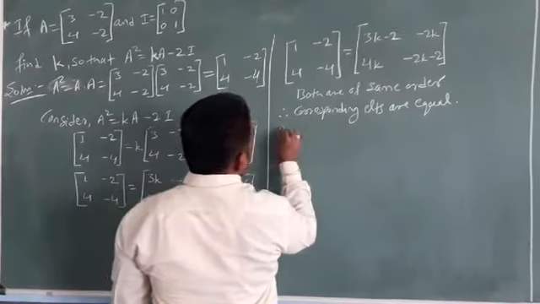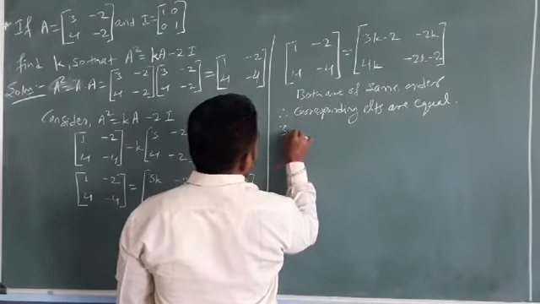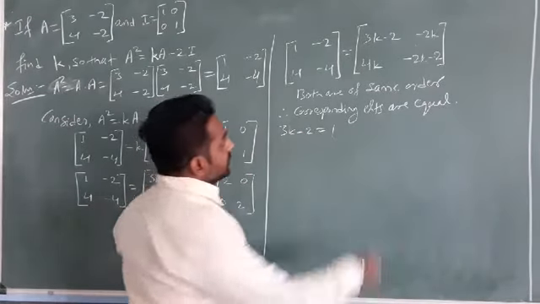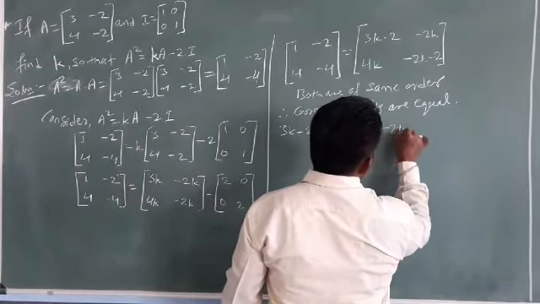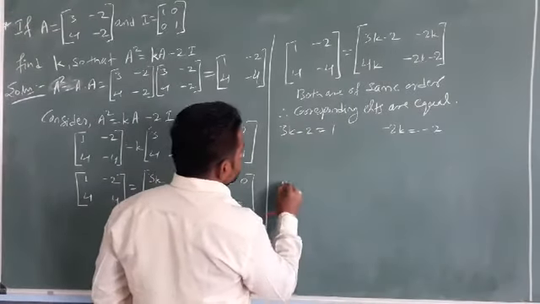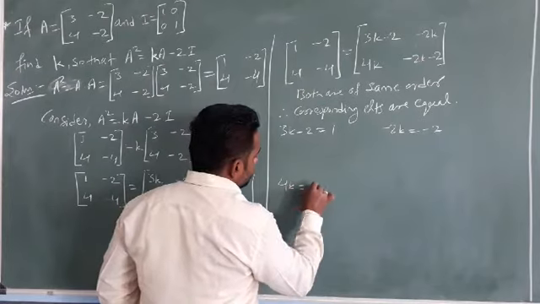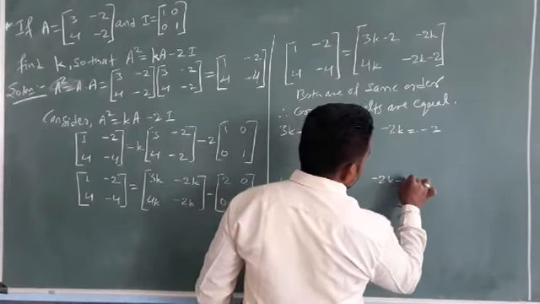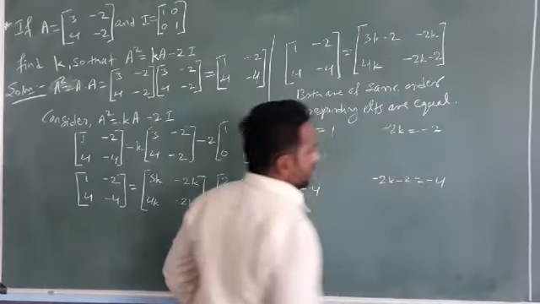Therefore 3k minus 2 equal to 1. Next, minus 2k equal to minus 2. Next, 4k is equal to 4, and minus 2k minus 2 equal to minus 4.